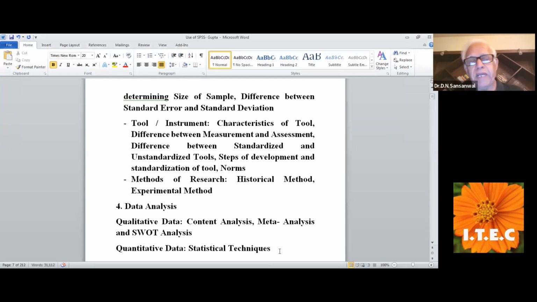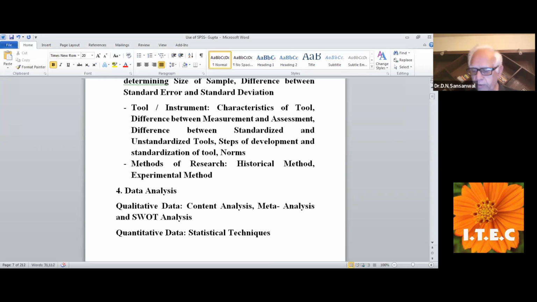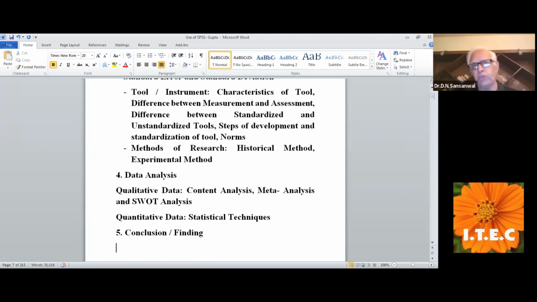This I will not be giving in detail here because in another webinar, I will be talking about it in detail. And the last step is conclusion, or you can say finding. So these are the steps of research in a nutshell. Now I'm going to take the first step of the research in detail. And then you can start asking me questions after that, because now I am giving you the detailed information.